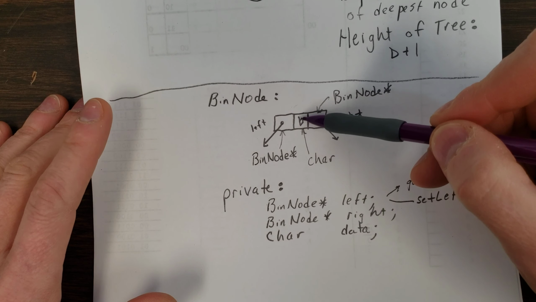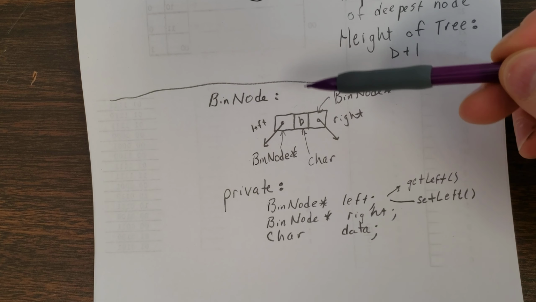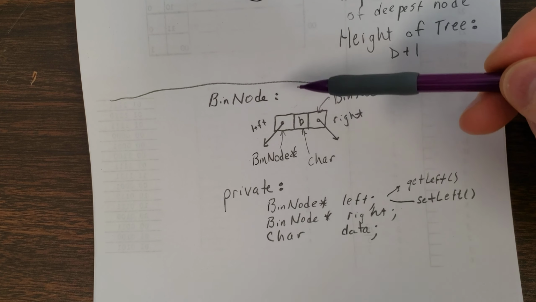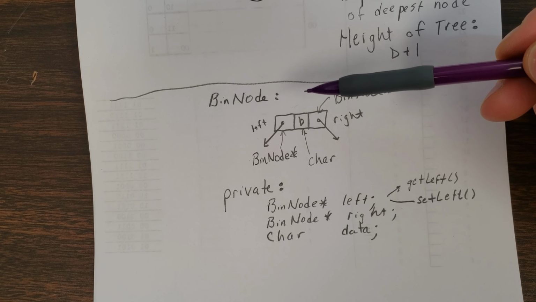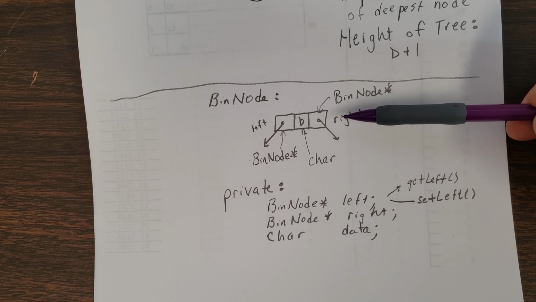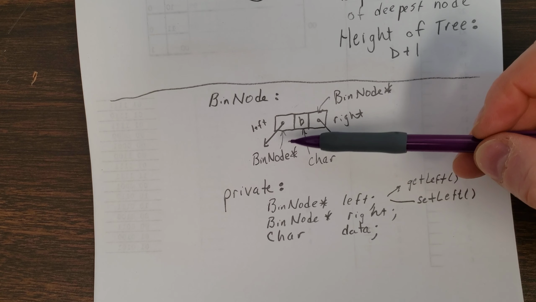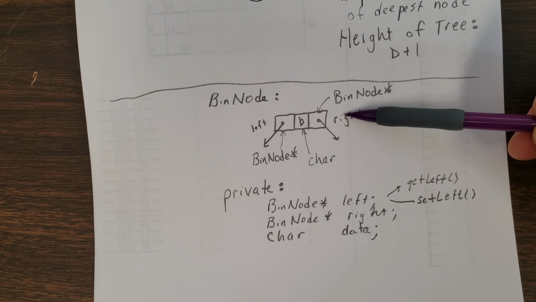This is a structure that should be remarkably familiar to you. Remember that we just got done working with the double-ended queues, and we had the D-link. So the D-link was essentially the exact same thing, only we called it forward and back, next and prev. Here we're calling it left and right.